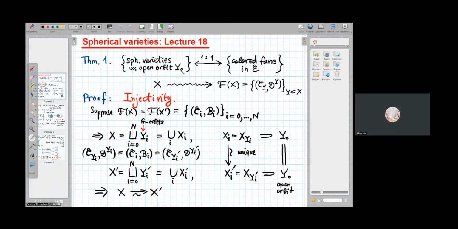Under this strict assumption, what you have said gives you a different spherical variety, a different embedding of this Y_0. But it may happen that you have an isomorphism between two spherical varieties which gives a non-trivial isomorphism of Y_0. Then it is possible that one fan is obtained from another by some linear transformation. Of course, not any linear transformation will suit, but sometimes it happens.